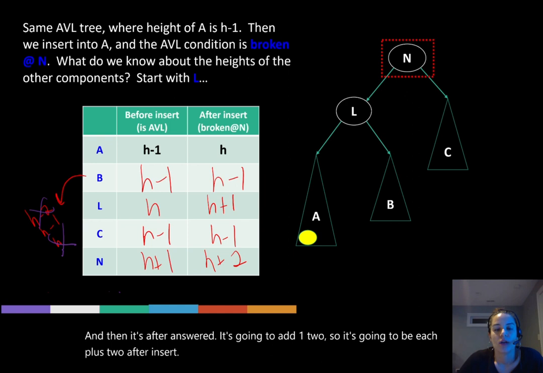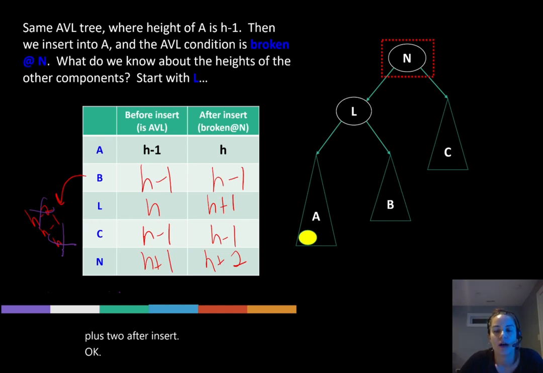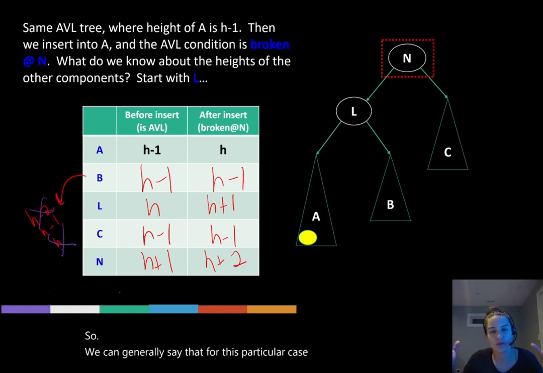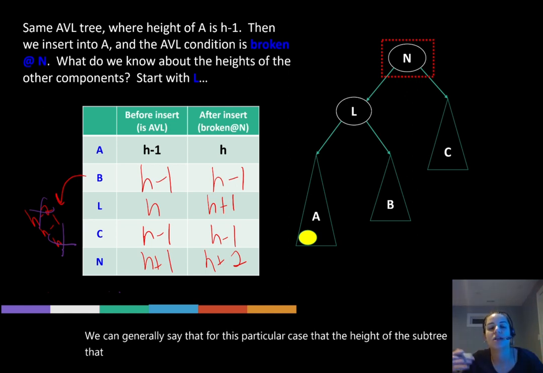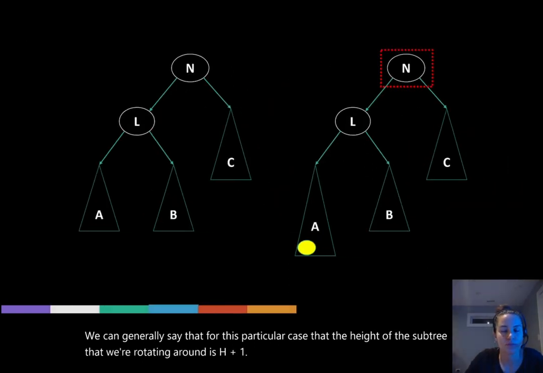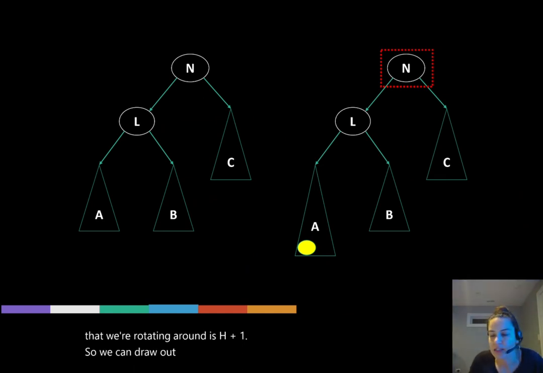Okay. So we can generally say that for this particular case, the height of the subtree that we're rotating around is h plus 1. So we can draw out these heights on our tree here before and after insert.